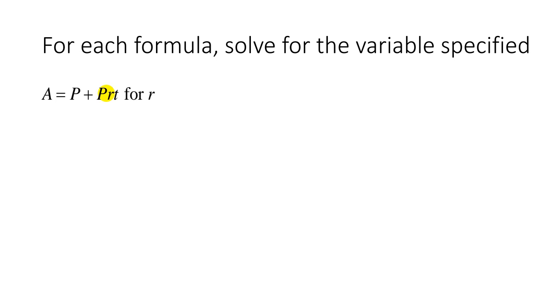Well, we have to get rid of this P plus in front of it, which means I am going to subtract P from both sides. Now notice I'm going to write it over here. A minus capital P is equal to P R T.